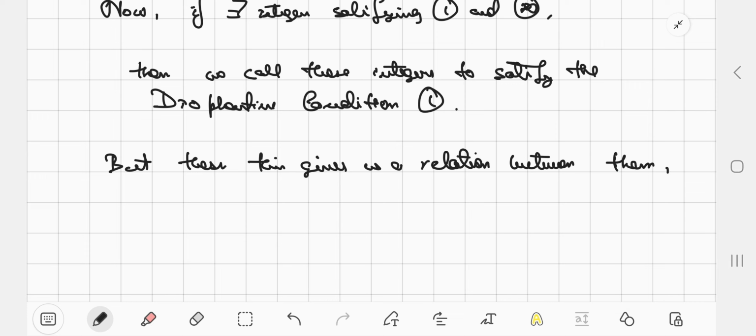What I mean to say is that if I get hold of integers x, y, z which satisfy 1 and star, then there exists a relation between x, y, z, such that x square plus y square is equal to 3z square.